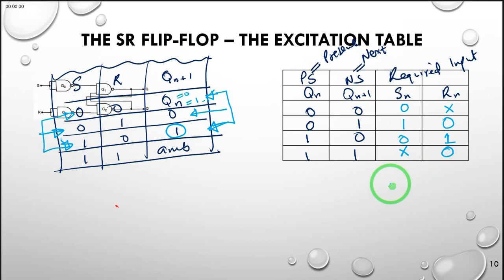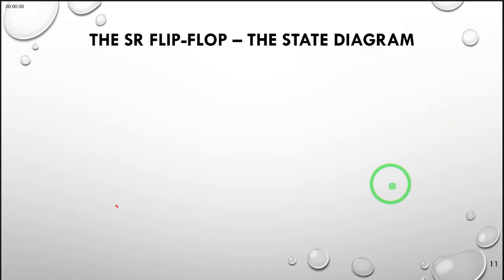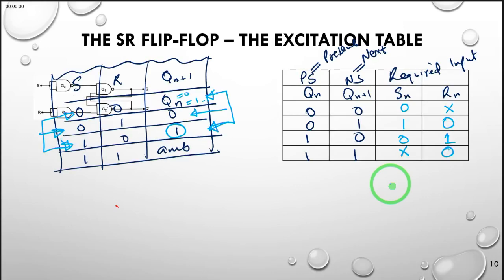And now for the state diagram of the SR flip-flop, we want to simply represent the data that is represented by this excitation table in a diagram. We have two possible states. We normally represent them using circles. You have state 0 and state 1.